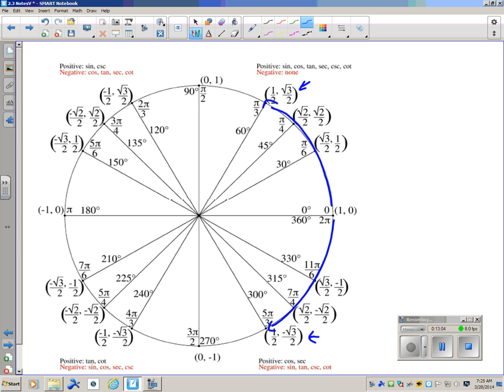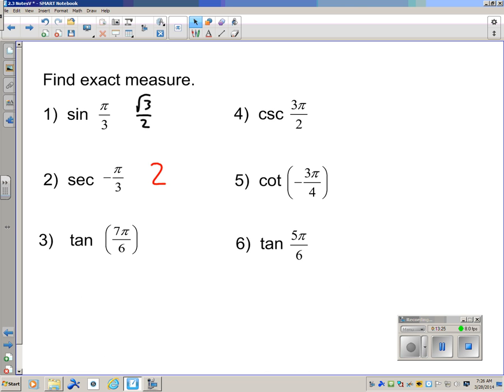So looking here, the secant of pi over 3 is 2 there, so the secant of 5 pi over 3 here, or negative pi over 3 here, is going to be a positive value. So it's the same thing, it's 2 in each case here. So I'm back over here, writing down 2.